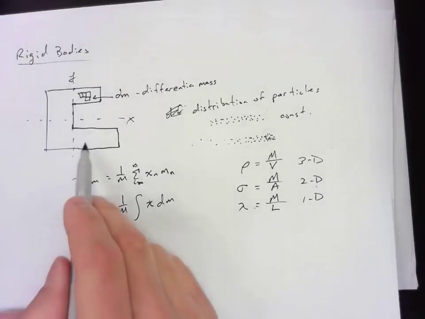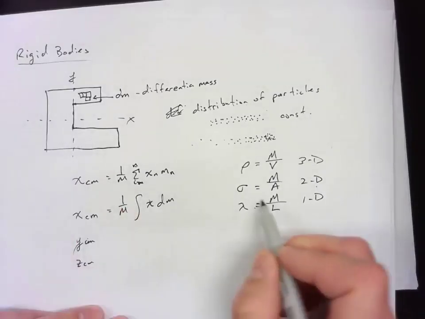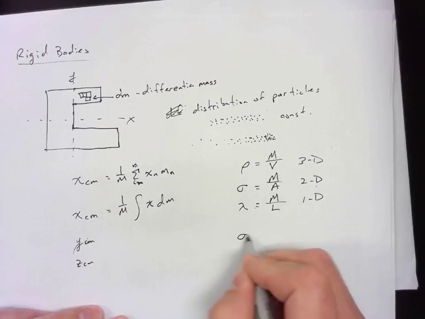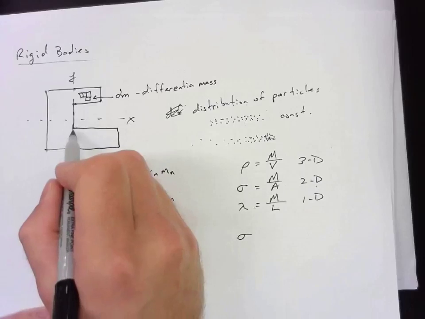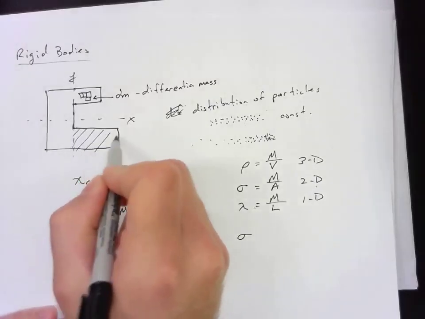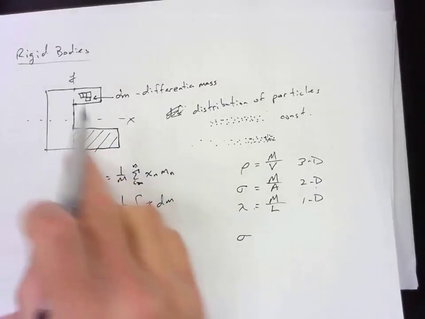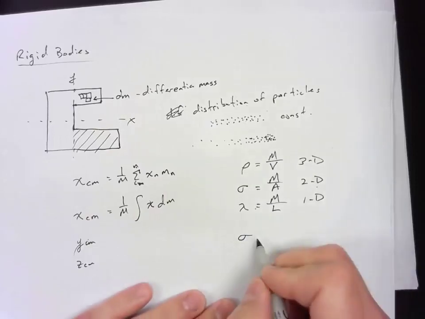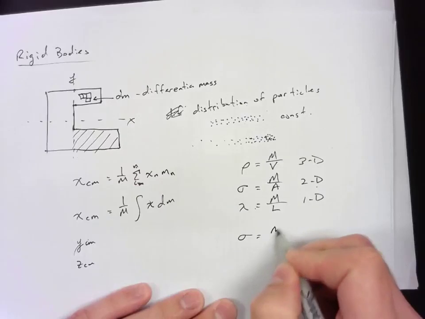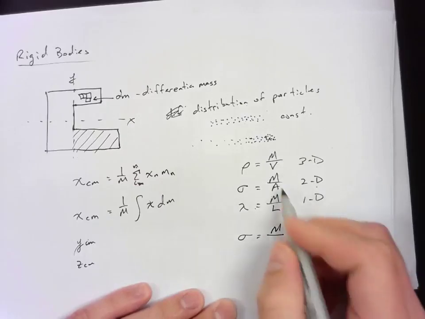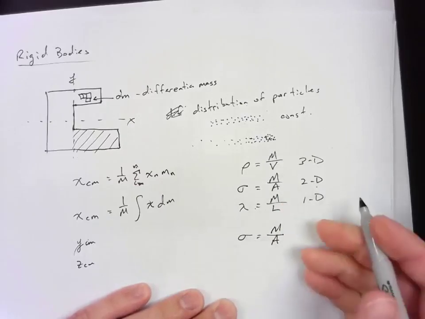Okay, so for this specific object, we're going to utilize this. So if we looked at a single area, we're going to just look at this part of that object in this space. The total mass of this single section divided by its total area will be its density.